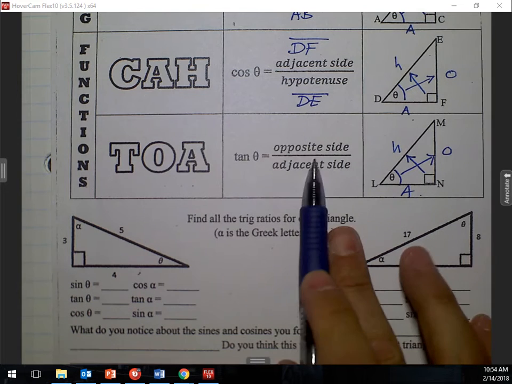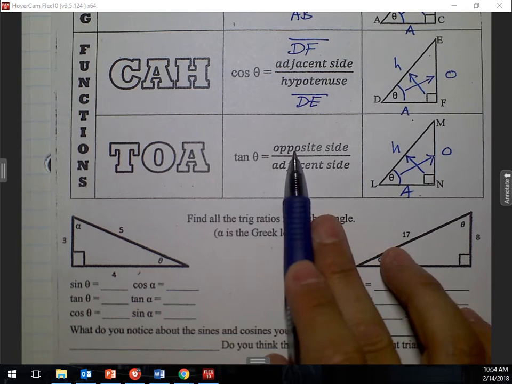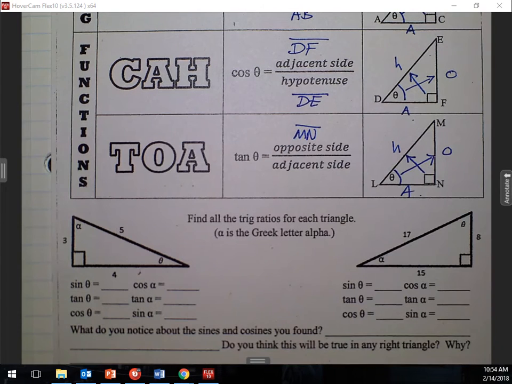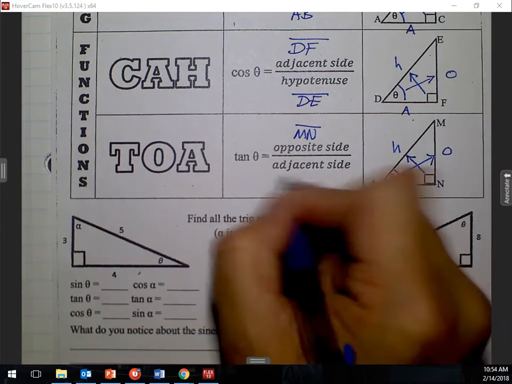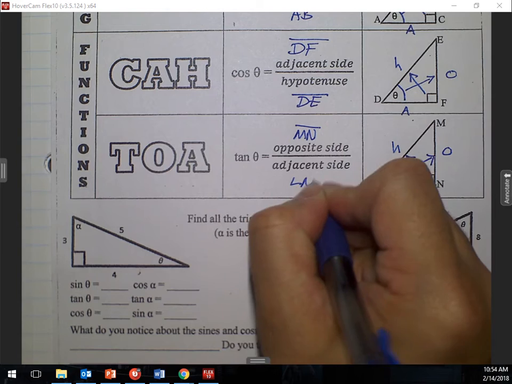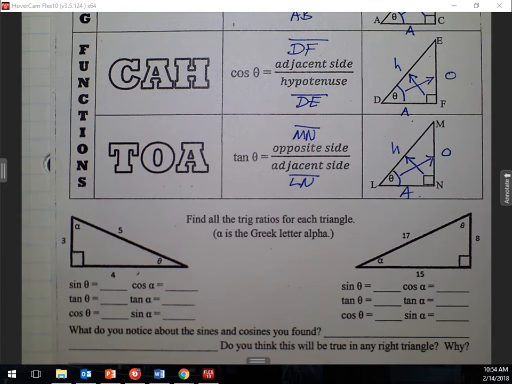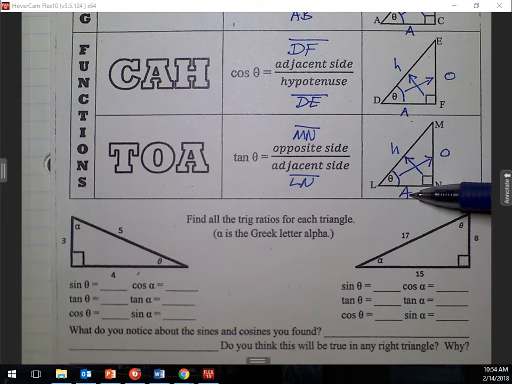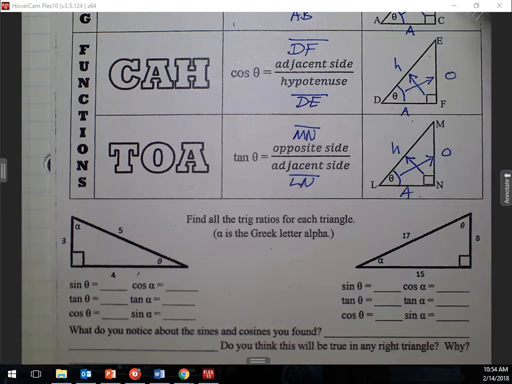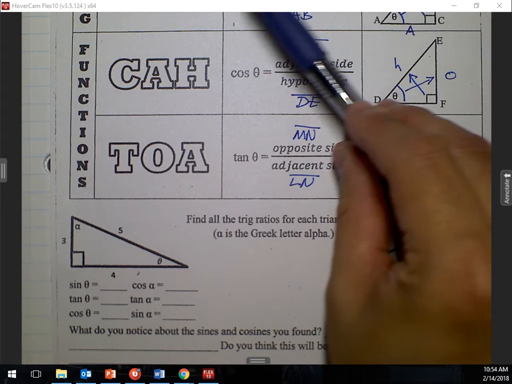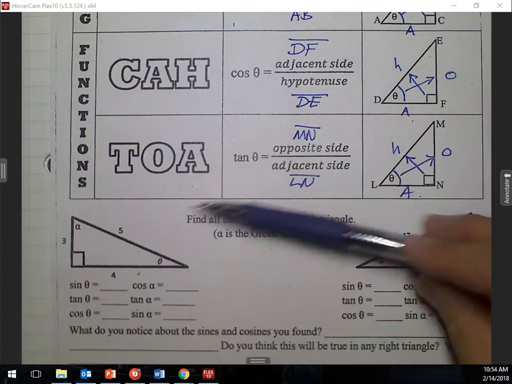So now my tangent is looking for the opposite, which is MN, and adjacent is NL or LN, right? So that's what I have it labeled as. Adjacent is LN, right here with the A. For this one, there's another acronym, but we're going to get into that later for SOH CAH TOA.